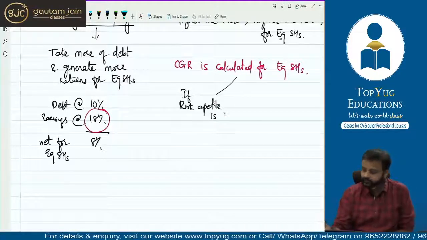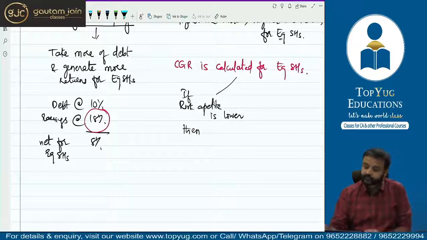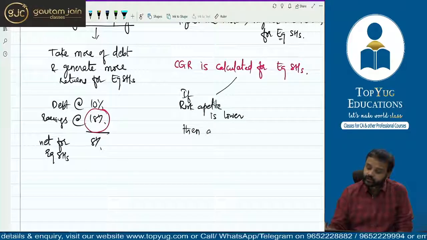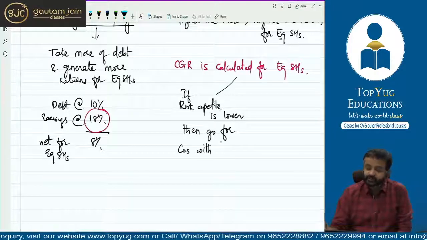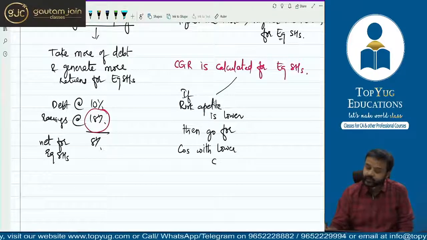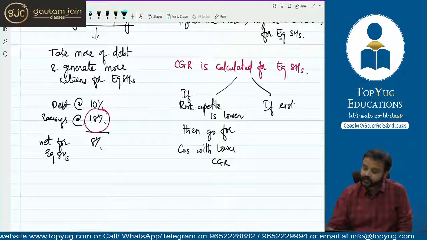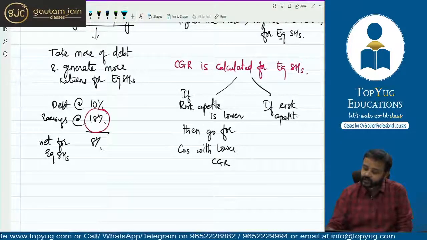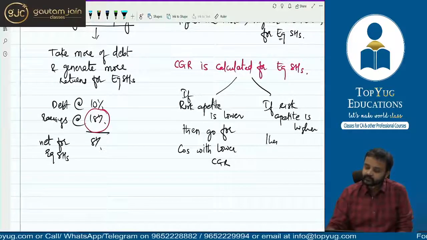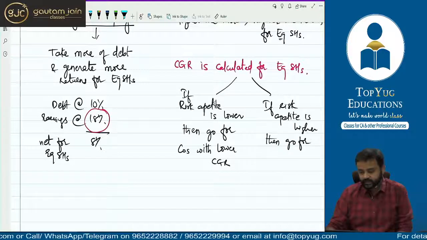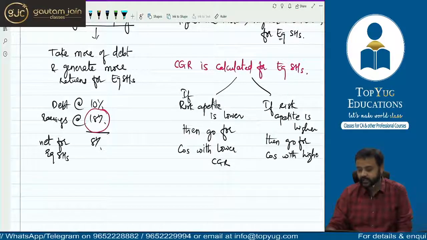So please understand, capital gearing ratio is calculated for equity shareholders, and if risk appetite is lower, then go for companies with lower capital gearing ratio. However, if the risk appetite is higher, then you can go for companies with higher capital gearing ratio.